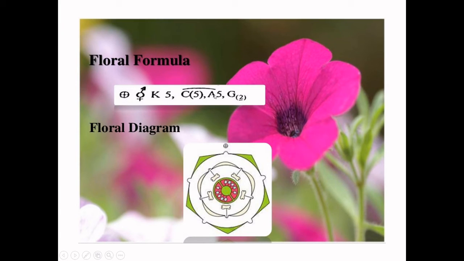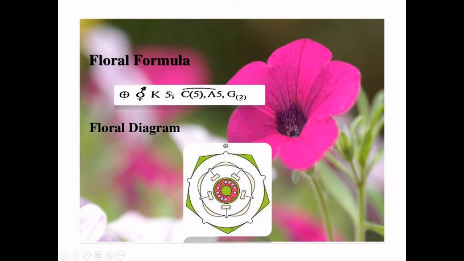Then androecium. Number of stamens is 5. They are epipetalous. This cap shows epipetalous condition. Gynoecium. Number of carpels is 2. They are syncarpous. That's why here is a bract and superior ovary.